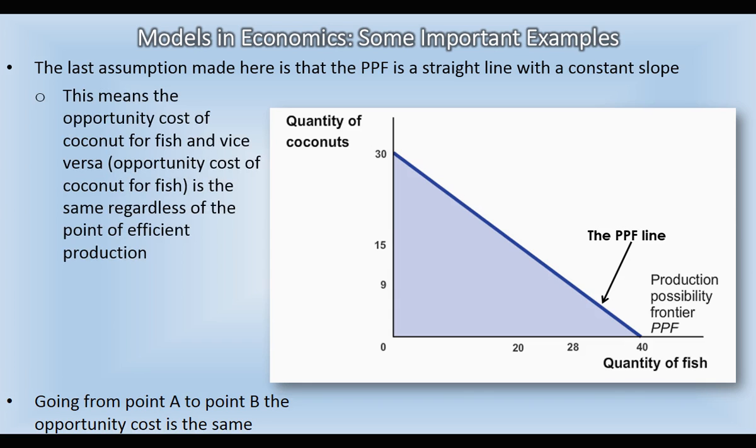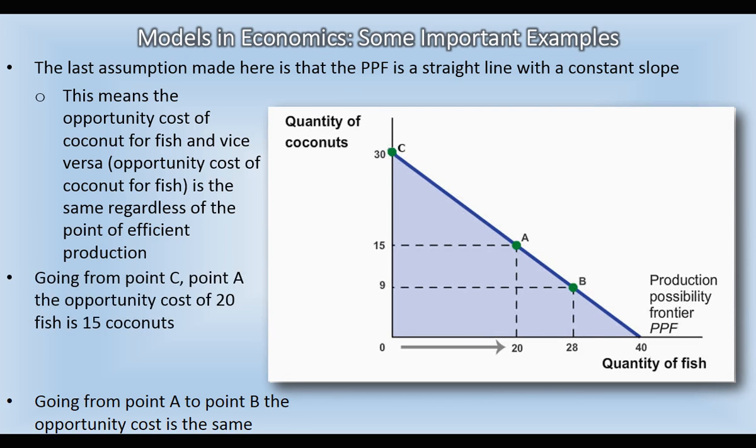The slope of a production possibility frontier captures the opportunity cost at any given point of producing one good versus another. So if the slope is constant, then the opportunity cost of coconut for fish is the same regardless of the point of efficient production. As you increase the amount of fish you're producing, you're giving up per unit of fish the same amount of coconuts no matter where you're at.